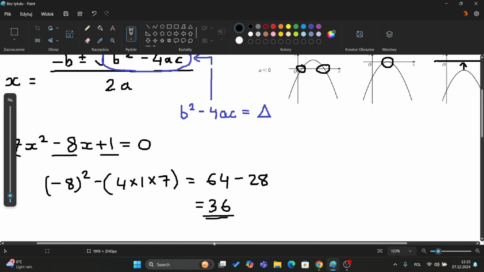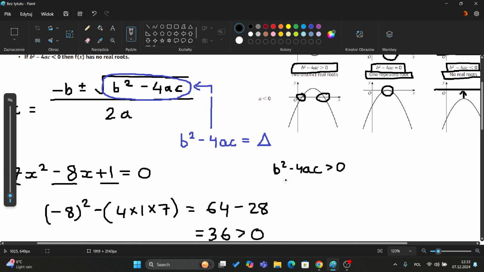So when we get 36, that means it is greater than 0, and when b squared minus 4ac is greater than 0, then we have two distinct real roots.